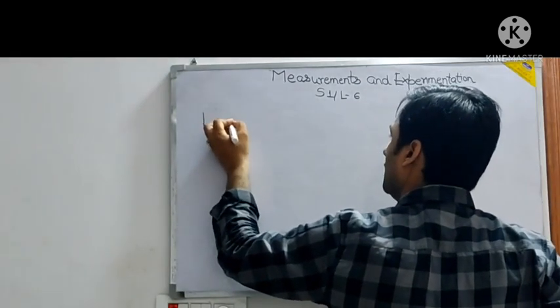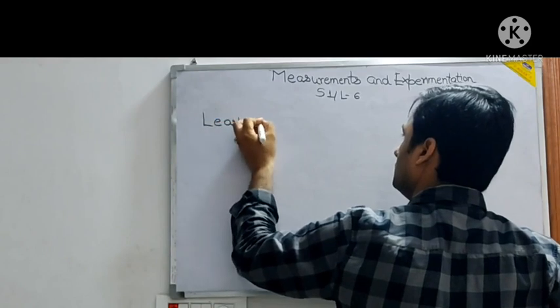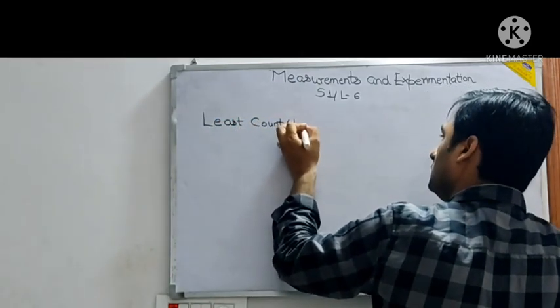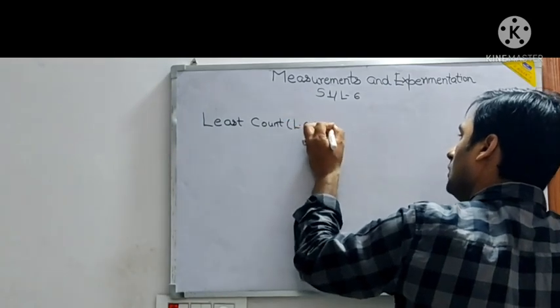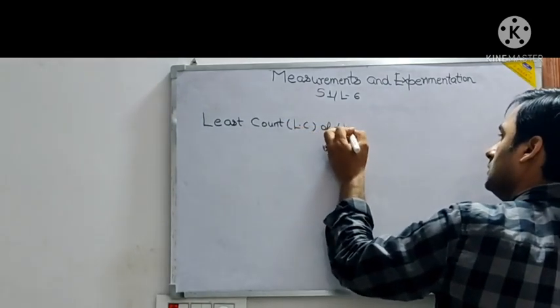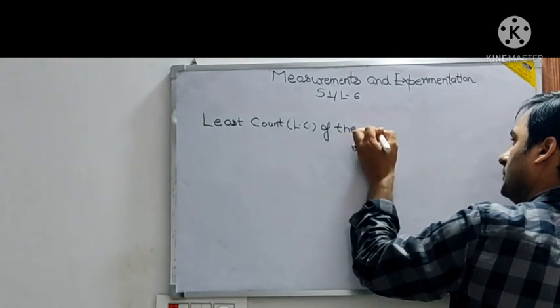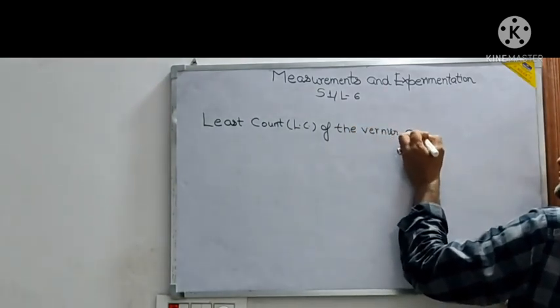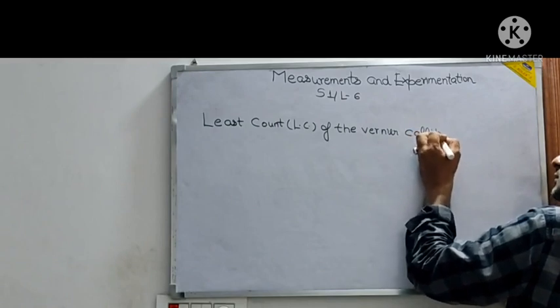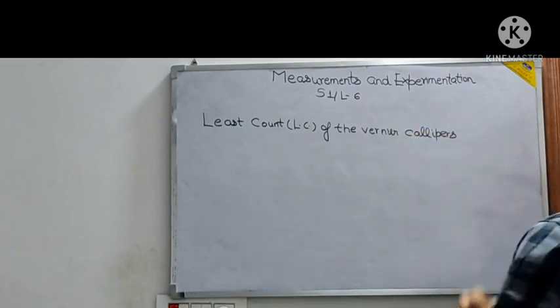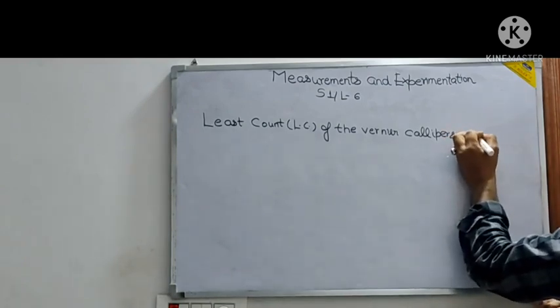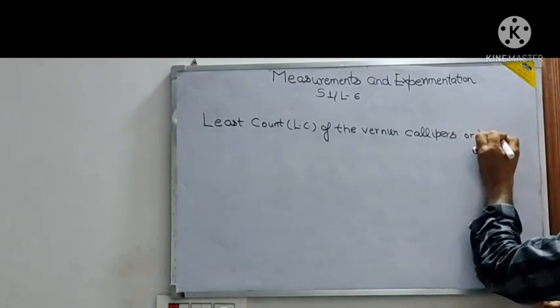So the least count of the vernier calipers is also called the vernier constant.